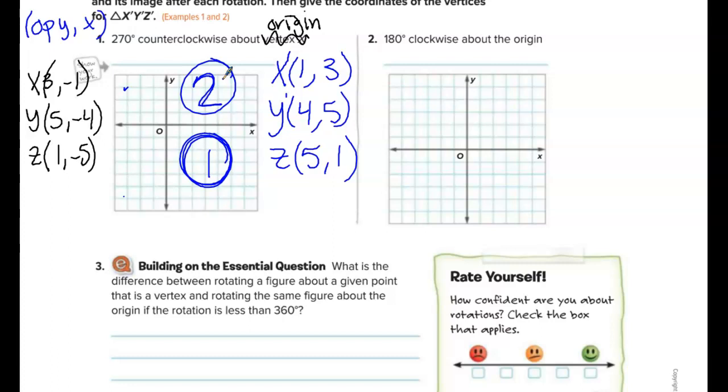Okay, when I do 180 degrees clockwise, Zara, what's the rule? Opposite x and opposite y. So looking at my original ones over here still, what would be my opposite x and opposite y, Sahara?